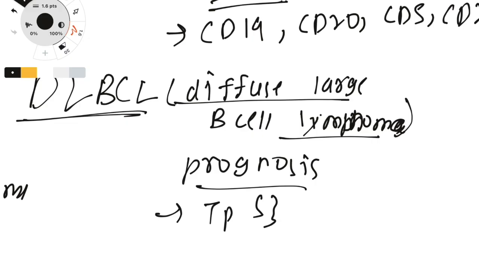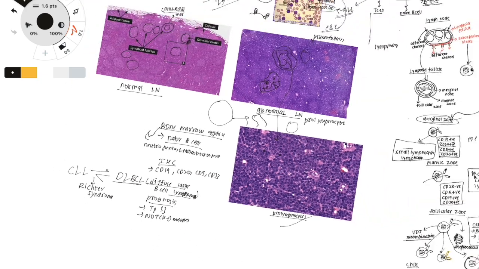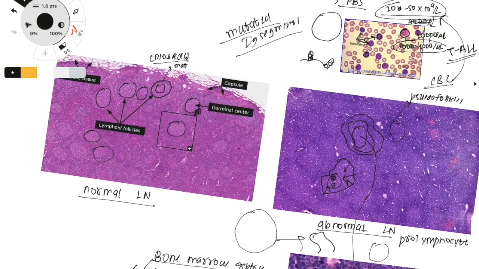Also the worst outcome can be correlated when this becomes diffuse large B cell lymphoma. And also if we see NOTCH1 mutations, then that is also very bad. So yes, basically I covered what basics were required and all the problems which students generally get after seeing some terms in Robbins. So yes, thank you.